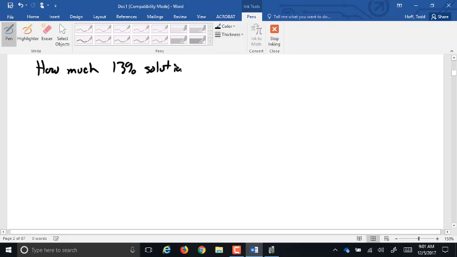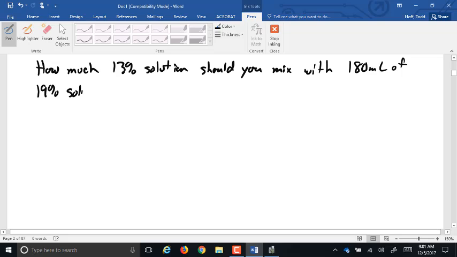How much 13% solution should you mix with 180 milliliters of 19% solution to create 15% solution?